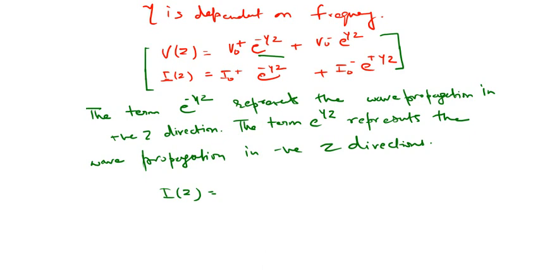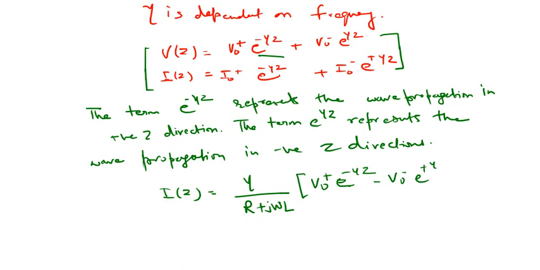So I(z) is equal to gamma divided by (R plus j omega L) times V naught plus e raised to the power minus gamma z minus V naught minus e raised to the power plus gamma z. So this is your value of I(z).